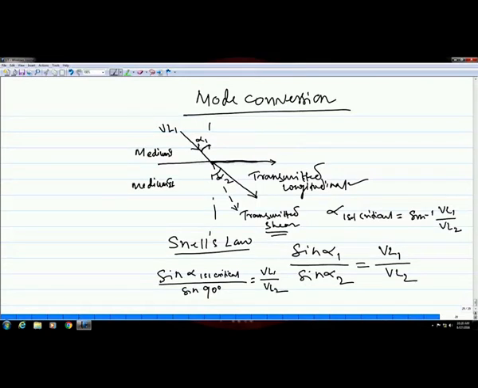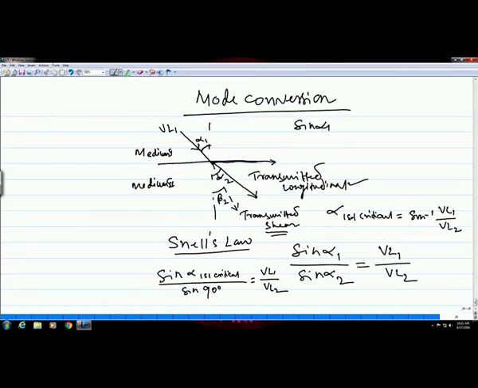Okay. But if you look at this, the shear waves, there also you could have an alpha 1 at which beta 2 will become 90 degree. Okay. So, the angle at which the beta 2 becomes 90 degree or the transmitted shear wave becomes parallel to the interface, that particular angle is known as second critical angle. Okay.